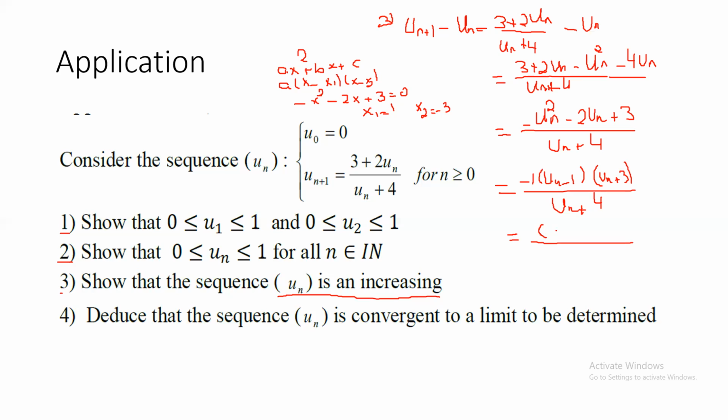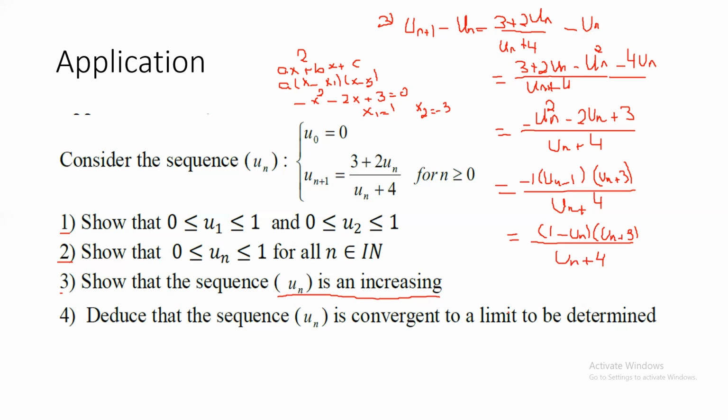Here I can put it as 1 minus UN into UN plus 3 over UN plus 4. What is the sign of this expression?